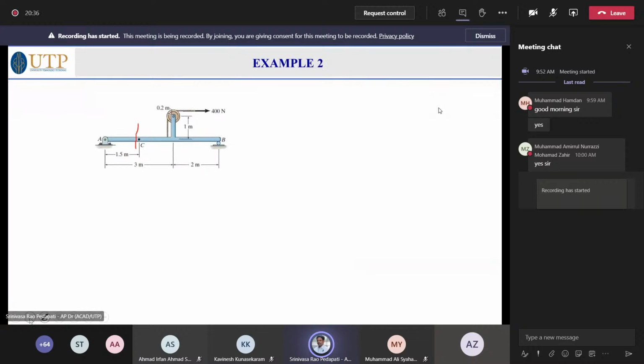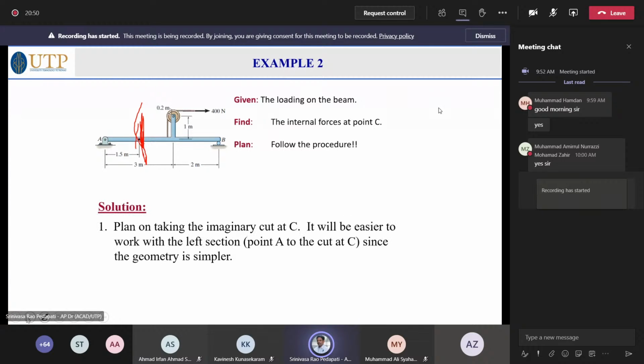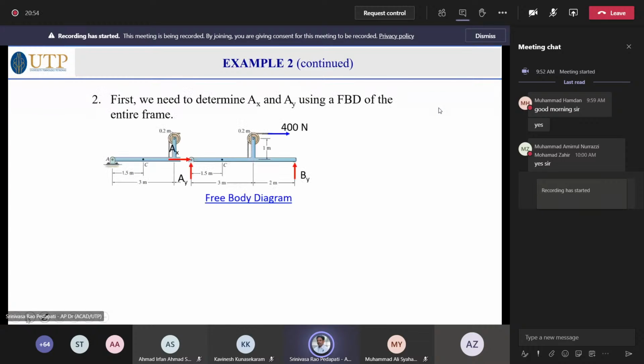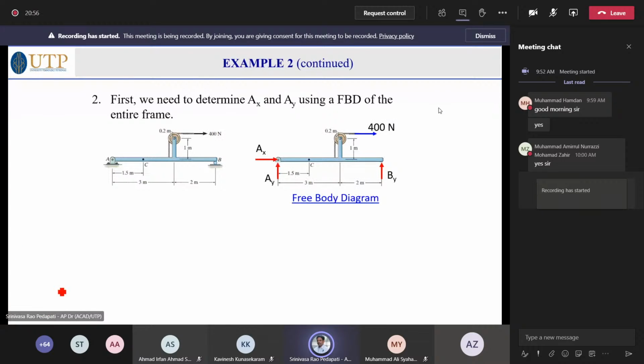This is how we do it, and then we have solved this problem. If you want to know the moment and shear force at this point, obviously we draw the free body diagram and then take the section. The free body diagram will give you the reactions at A and B.